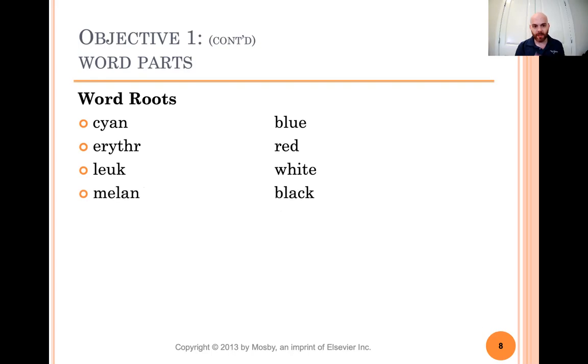Melan means black, such as the melanin in your skin. Melanin is the pigment that we have in our skin, and some of us have a lot more pigment than others. People like me don't have hardly any melanin in my skin. I'm very, very fair skinned, and if I get any sunlight, I burn immediately, and then it all peels off, and then I'm just as white as I ever was again.